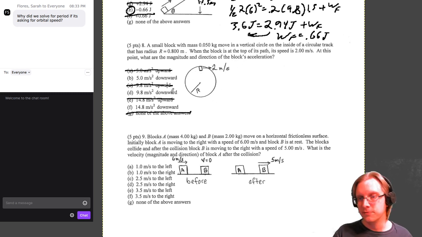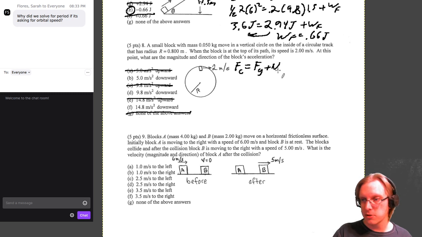So we have gravity going down. So we have a centripetal force, right? The direction of the block's acceleration is equal to the force of gravity plus a normal force. This is going down, that's going down. This must also therefore be going down.